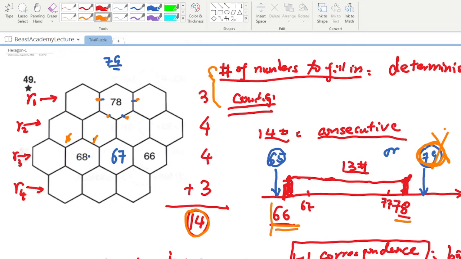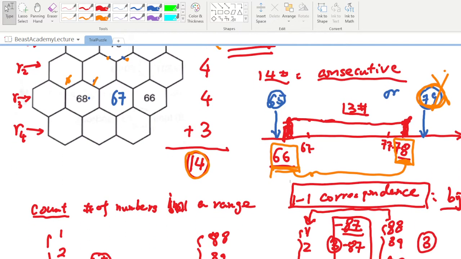You list what the smallest number is, and what the largest number is. Then you know how many numbers are already determined and need to be filled into these structures. So now we have to deal with a counting problem.